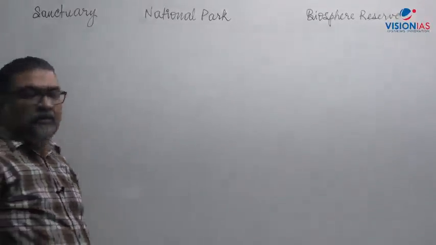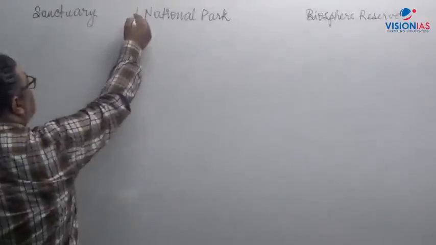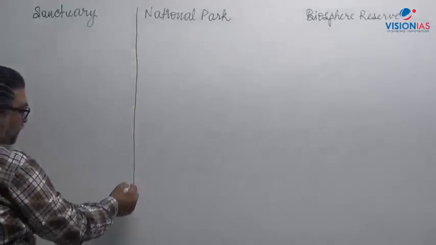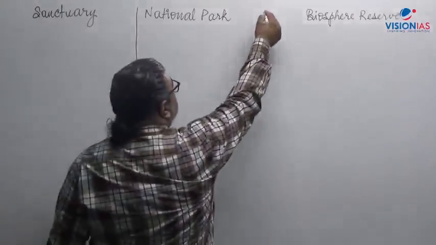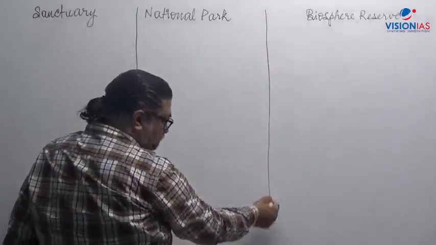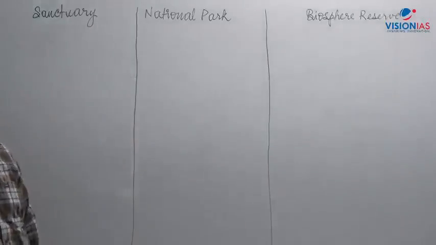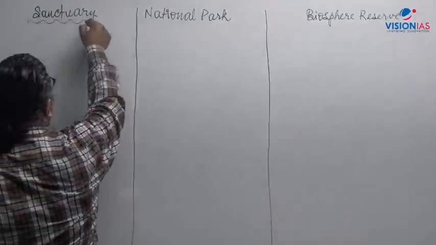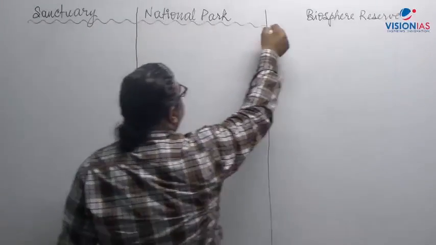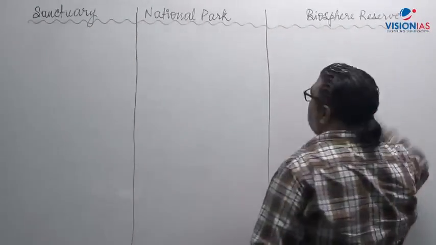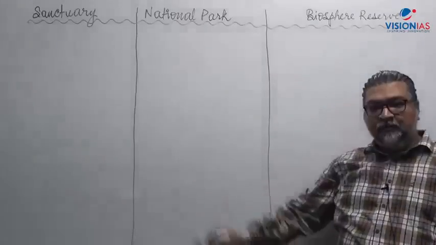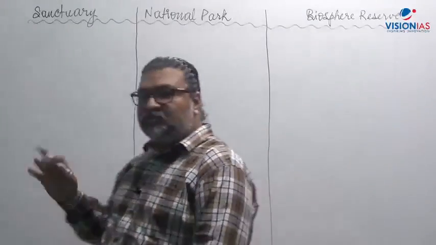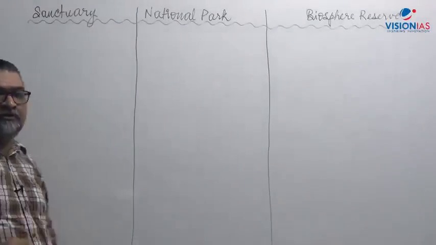Right? And point-wise, I'll give you the differences here. I have made a tabular form here. So I'll just give you the differences here. I'll put across all the points. Please copy this. Whatever I'm writing on the board, you can copy that.